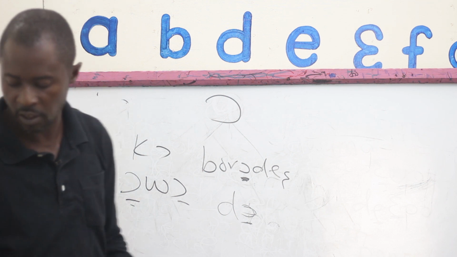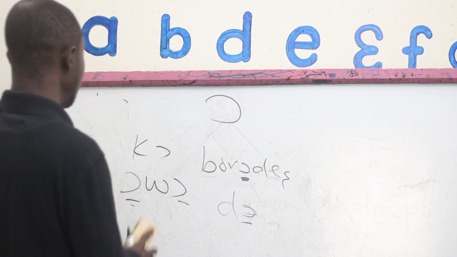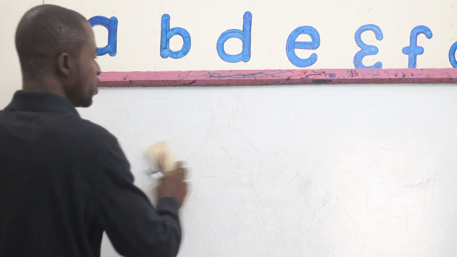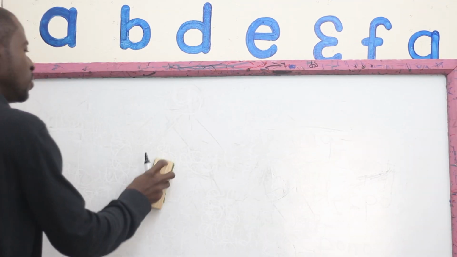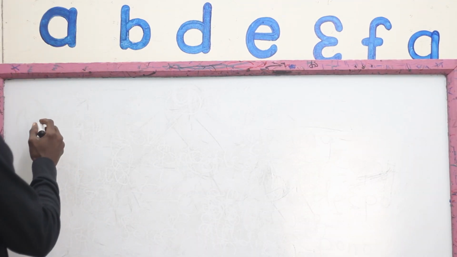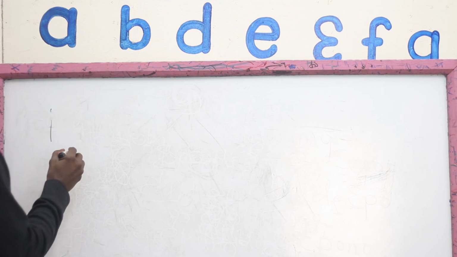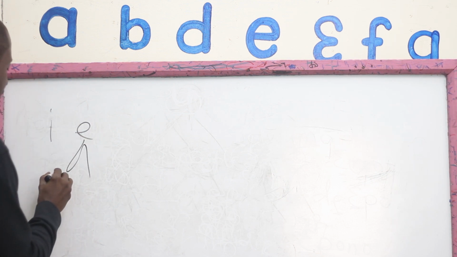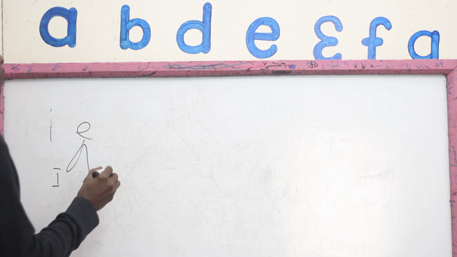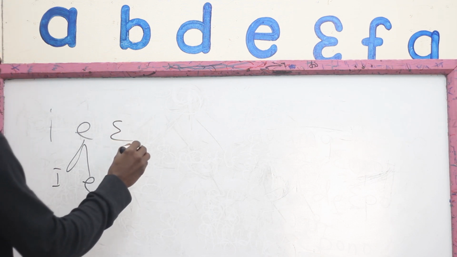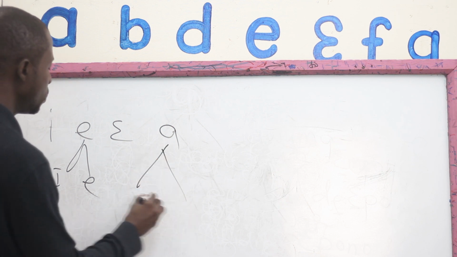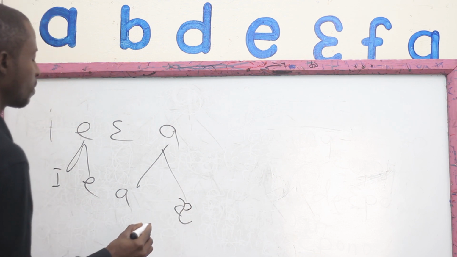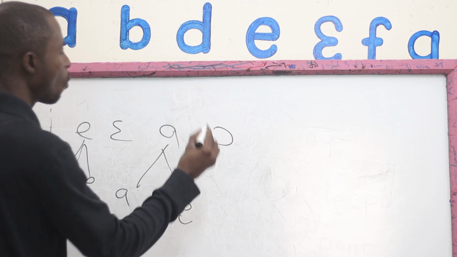So look for the rest of the examples for yourself. But as I said, note all the pronunciations. Note the pronunciations and writings. So we have I, we have E, which is produced in two ways. We have A, which is produced in two ways.